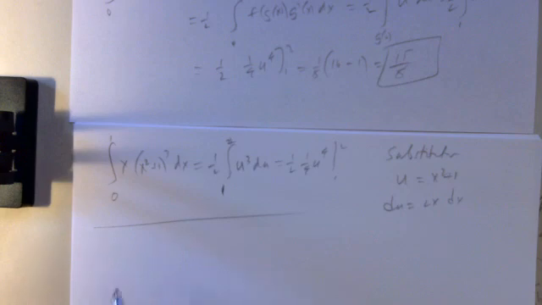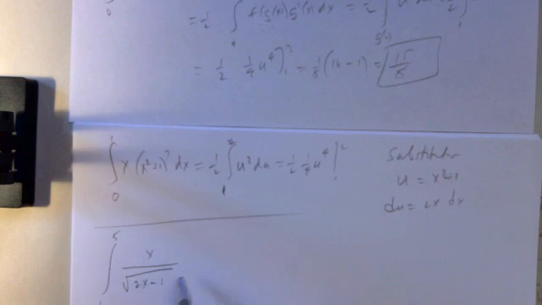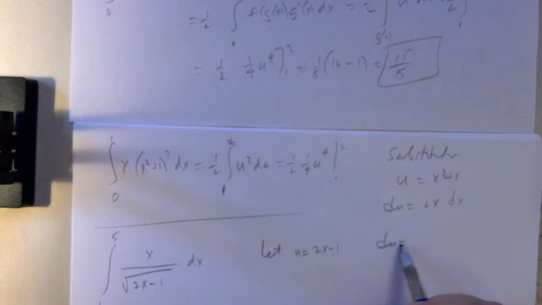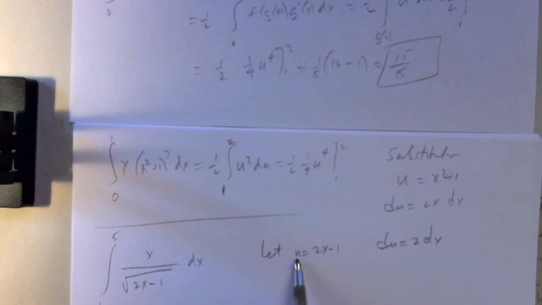Here's another example. The integral from 1 to 5 of x over the square root of 2x minus 1 dx. So suppose we let u equal 2x minus 1. So du is 2 dx; du/dx is 2. If I make this 2 and multiply by a half, this is still unchanged.